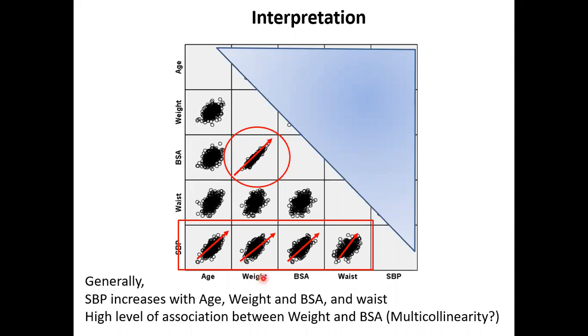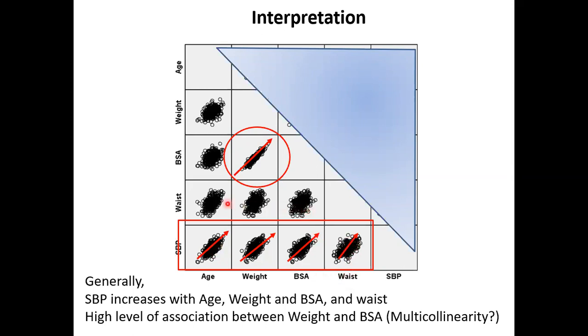Same as height. The heavier the person, the higher the BP. Body surface area, the bigger the body surface area, the higher the BP. Waist, the bigger the waist, the higher the BP. This looks very tight, right? This is not so much, a bit loose.